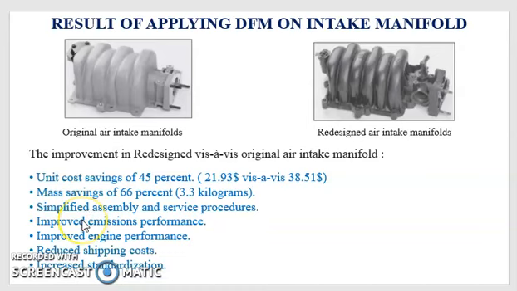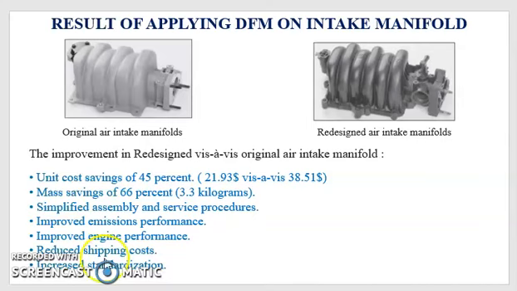The emission performance will be improved due to routing of EGR into the manifold. The engine performance also improves due to reduced air induction temperature. Shipping and transportation cost will be reduced due to use of the lighter component. Standardization is also expected to occur across vehicle programs, which will reduce the lead time of the product.